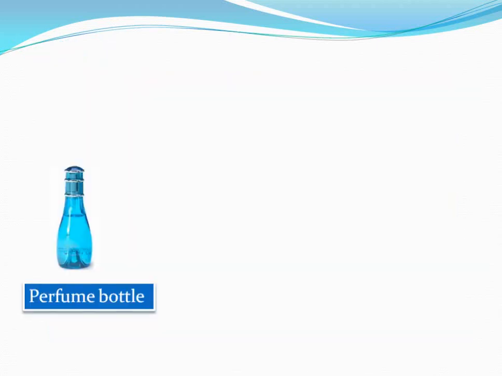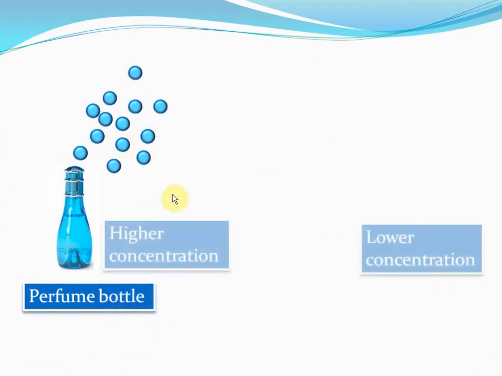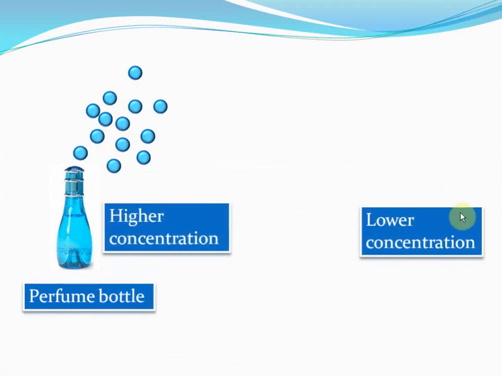If you take a perfume bottle, for example, the perfume particles move from their area of higher concentration, which is near the perfume bottle, to their area of lower concentration, which is far away from the perfume bottle. That's because near the perfume bottle there are a lot of perfume particles, but far away from the perfume bottle there are zero perfume particles, isn't it?